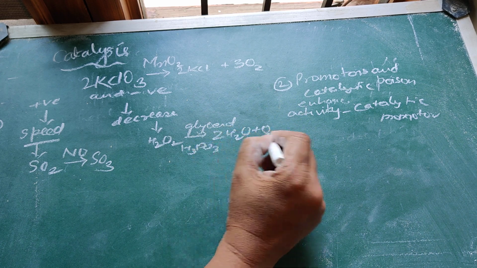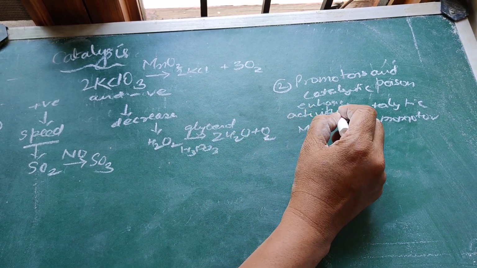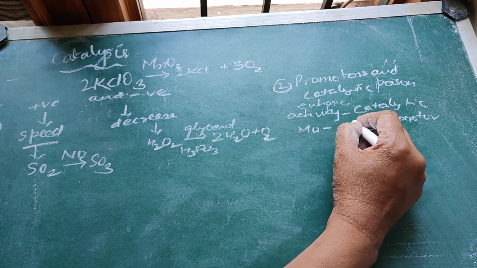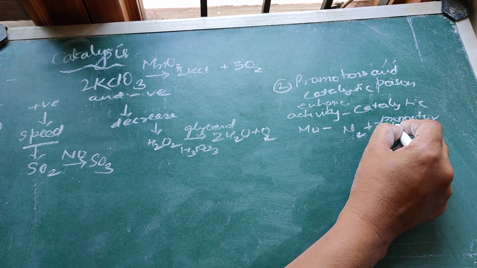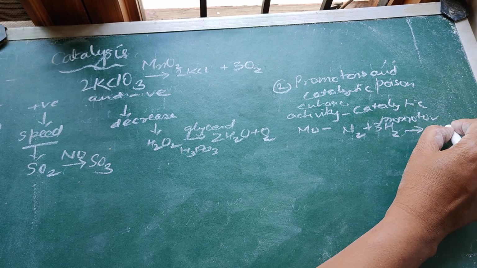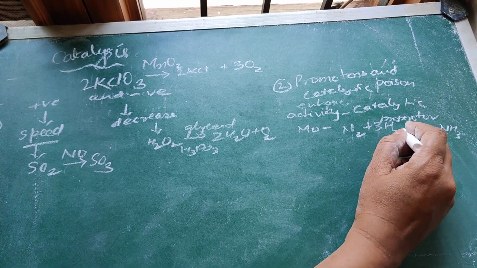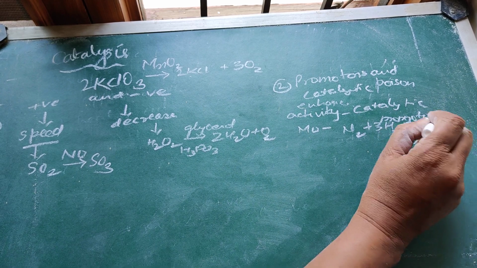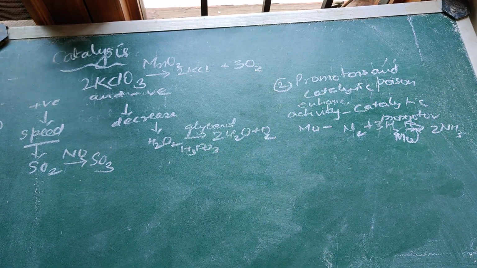For example, molybdenum acts as the promoter. So in the reaction N2 plus 3H2 to form ammonia, that is Haber's process, you use iron as a catalyst, and molybdenum acts as a promoter for the catalyst iron. So that is promoter.